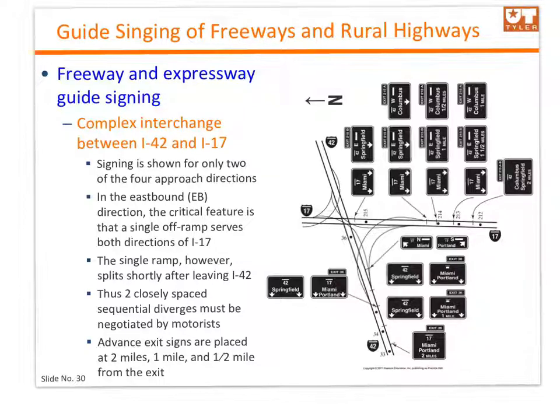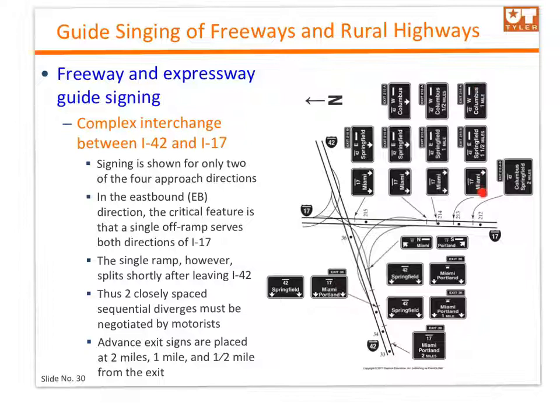The single ramp splits once again after you leave I-42. Thus, that means 2 closely spaced sequential diverges must be negotiated by motorists. And that's the interesting portion where you need to put lots of signing assemblies to tell the drivers where to go. First we need to have advanced exit signs, and those have to be placed 2 miles, 1 mile and half mile from the exit.